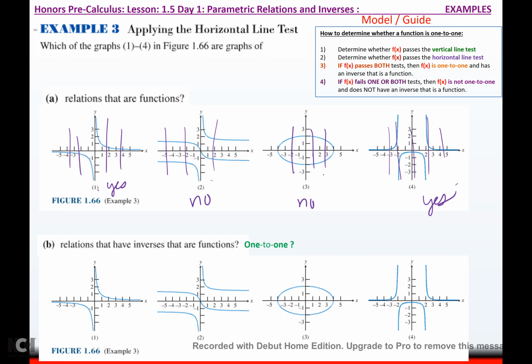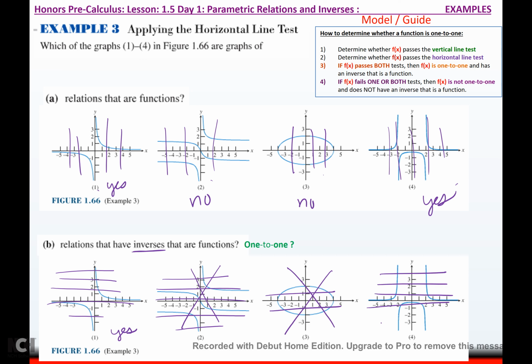Same graphs, and I want to know which ones have inverses that are functions. Well, if they pass the horizontal line test. So this passes, so yes. This passes, but it's not a function. It's not one-to-one because it didn't pass the vertical line test. This doesn't pass either one.